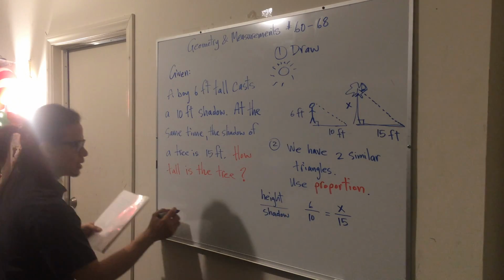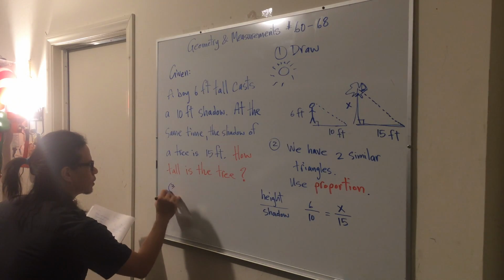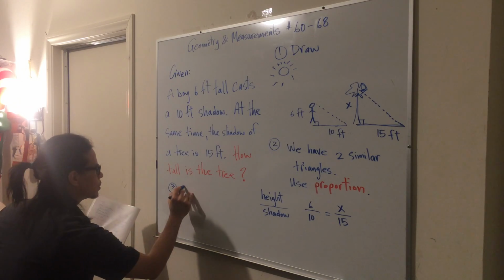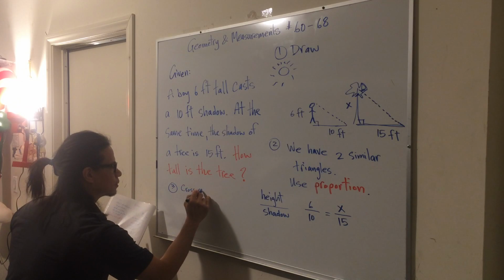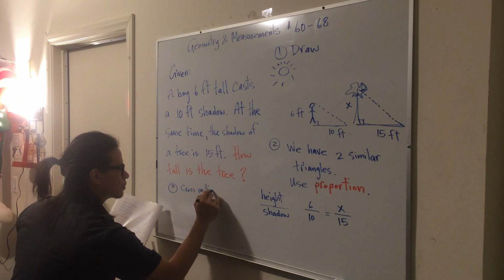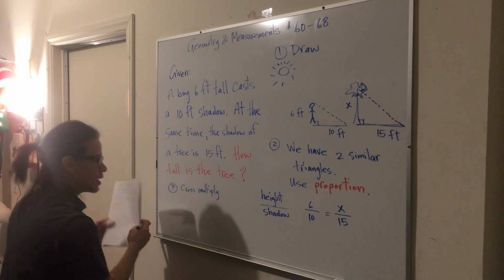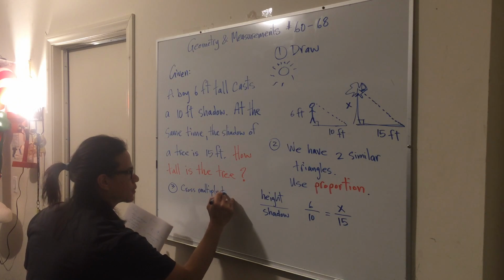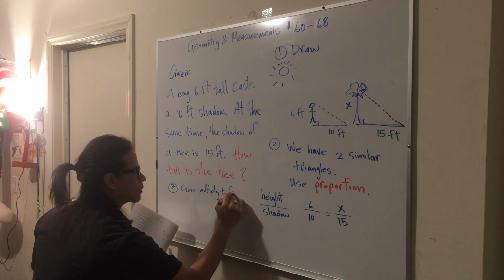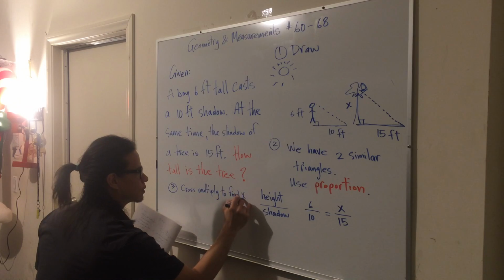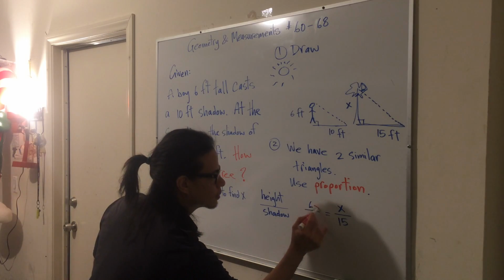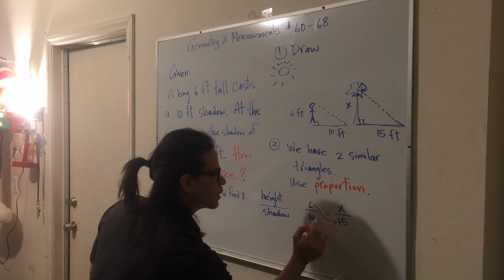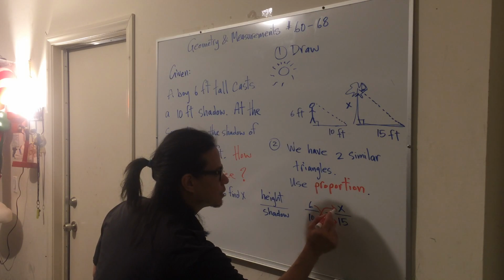So step 3, we're going to cross multiply to find x. Okay, so let's take 6 times 15 and then x times 10.